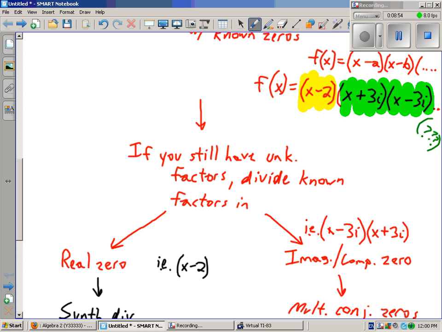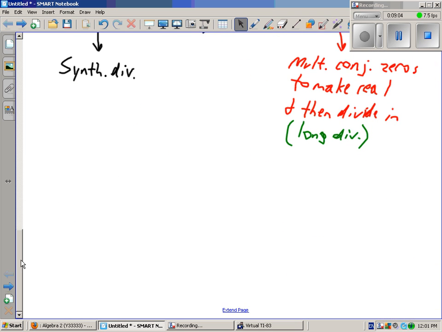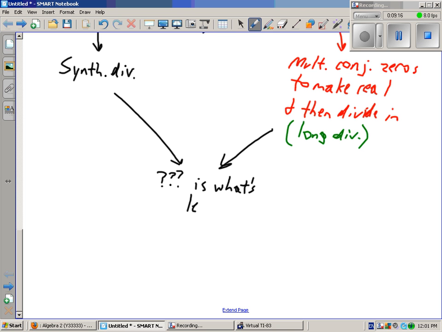If it's a fourth order or a fifth order polynomial, we have something left there that we still have to deal with. So those question marks that you don't know what they are, you have to deal with that on its own.